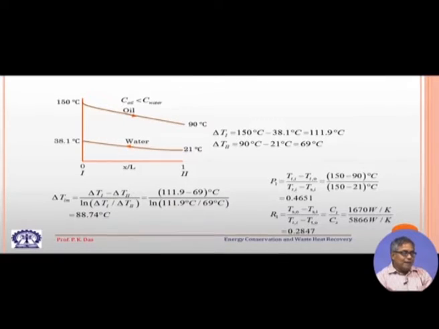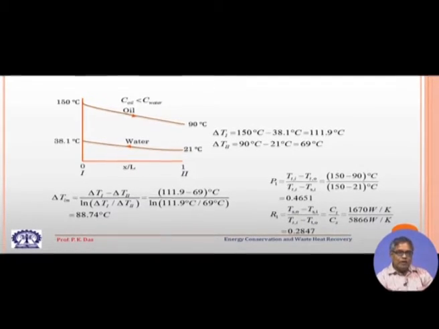So, along with LMTD we have to use some sort of correction factor. If we use the LMTD which we have calculated assuming counter current flow arrangement, we have to also use some sort of correction factor.